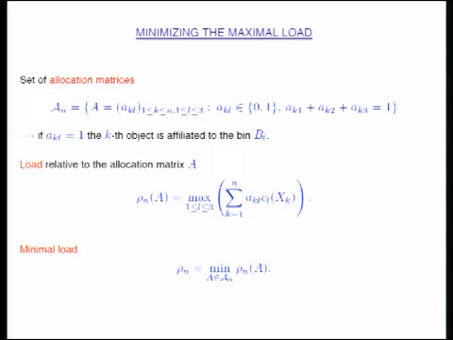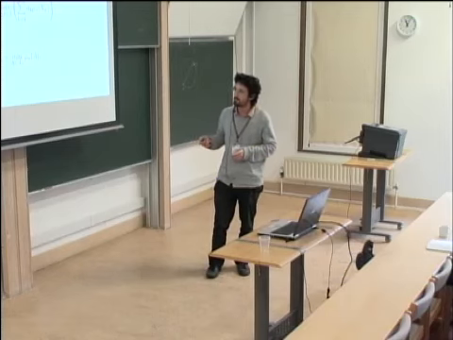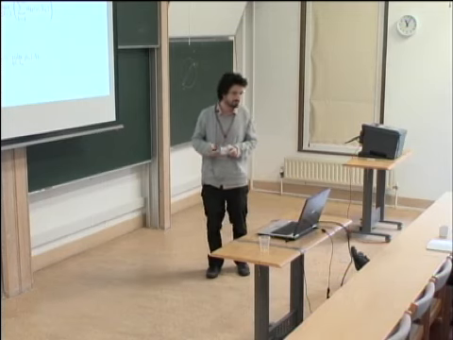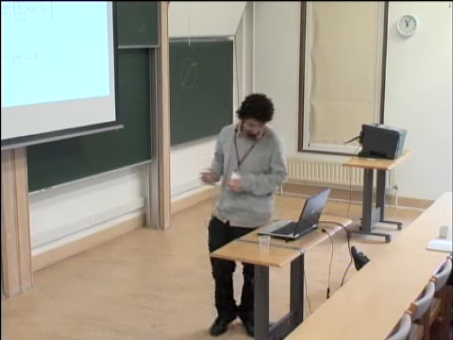The load that we will be interested in is the max over all bins of the sum of the costs of the objects which have been allocated to this bin. So we take the maximum of the three of it. And of course, the one which is of interest for us is the allocation which minimizes it, rho n.